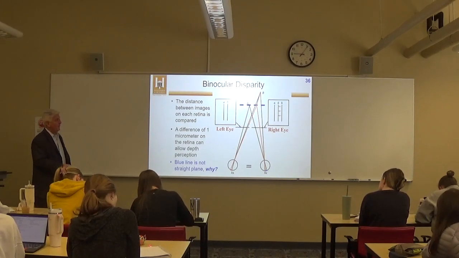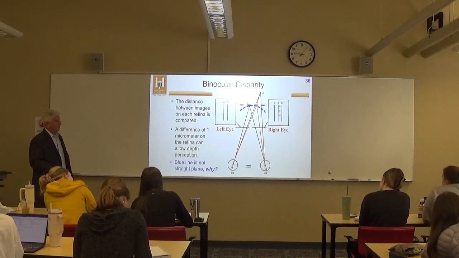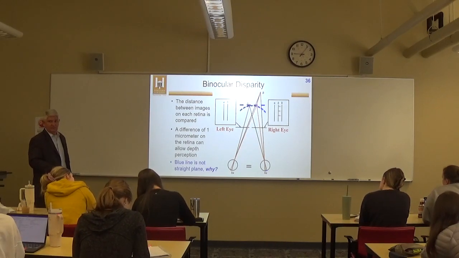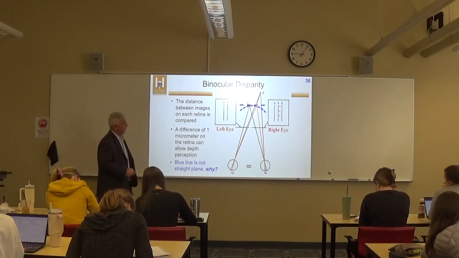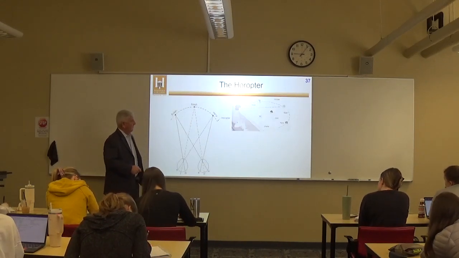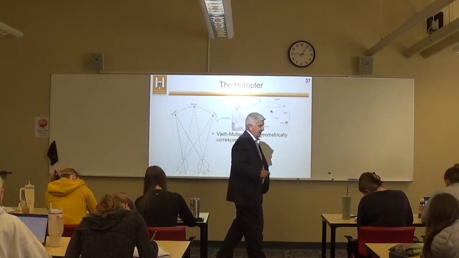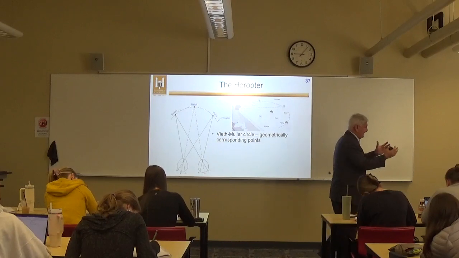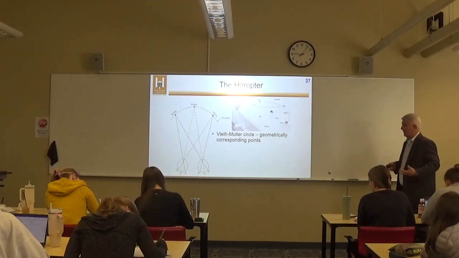And because our retina is curved, this plane out here actually becomes curved like this. And we call that line the horopter. And it is a hemicircle of our plane of focus.